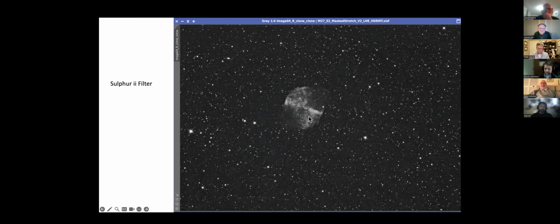You can actually see the star in the sulfur image. Right there is the white dwarf that's powering this feature.